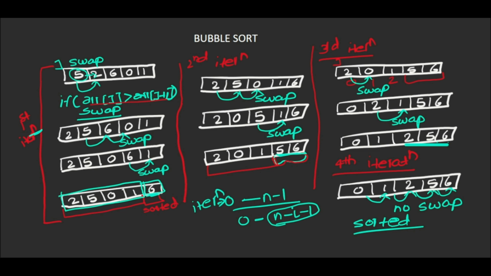Similarly, in the next iteration, when i is 1, this 5 got sorted. So in each iteration, one element is getting sorted. That's why we need to subtract this i from n minus 1. So this is the inner loop.